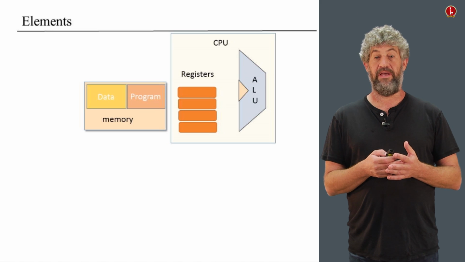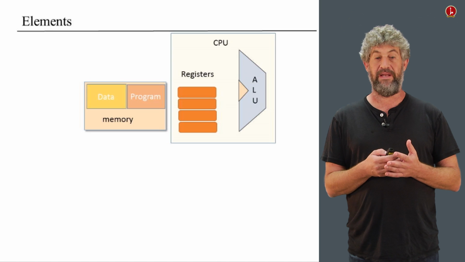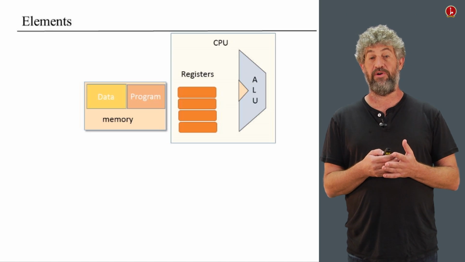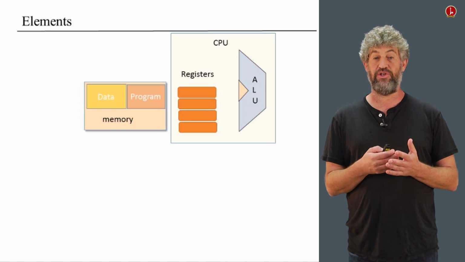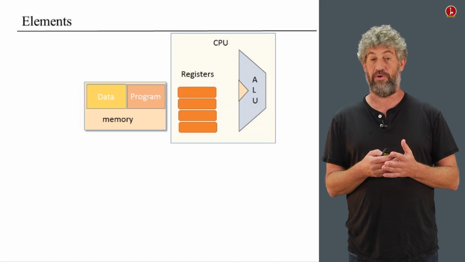So generally speaking, our CPU is going to be composed of two main components. One of them is what you often call the arithmetic logic unit. It's a piece of hardware that is able to add numbers, subtract numbers, maybe do logical operations, and so on.